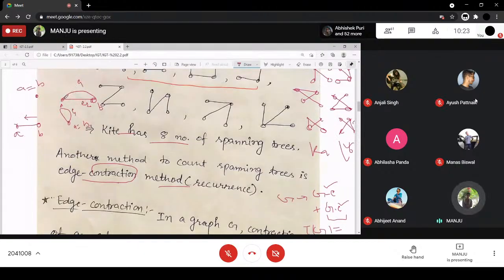All those incident edges, whatever they were earlier, will remain the same except the edge that is being contracted. Clear? Except E2, all the incident edges will remain the same as before, right?